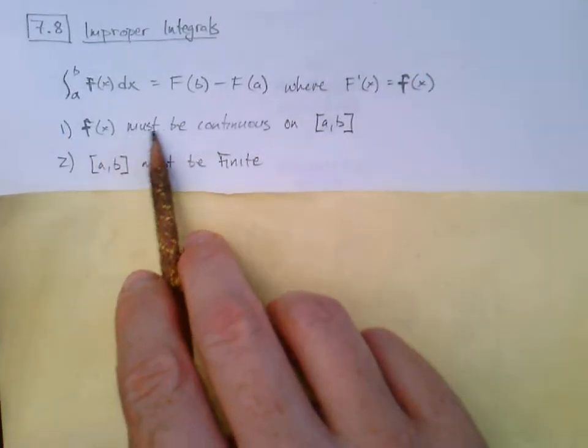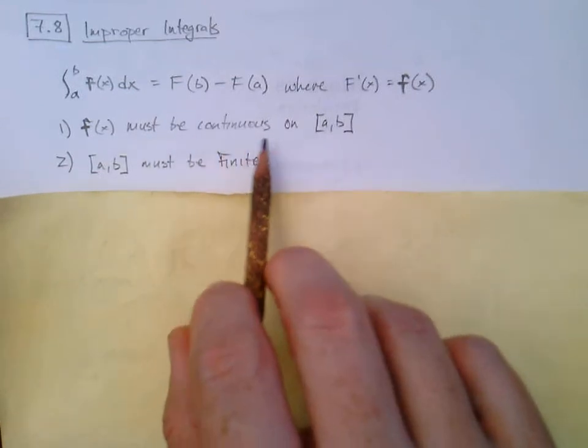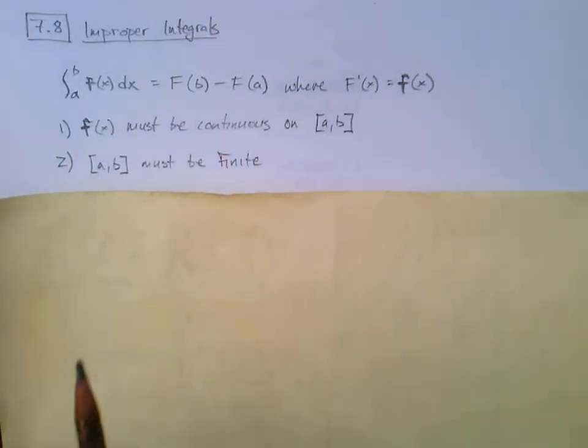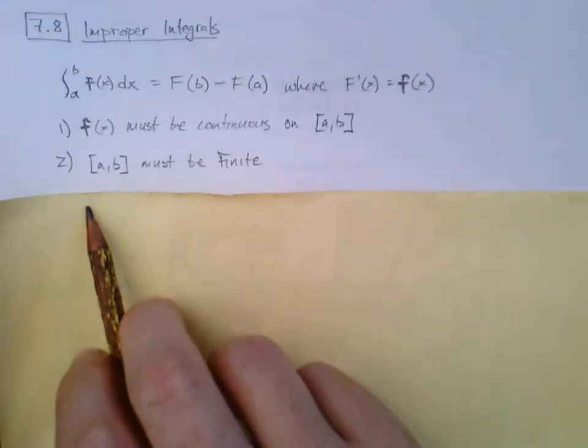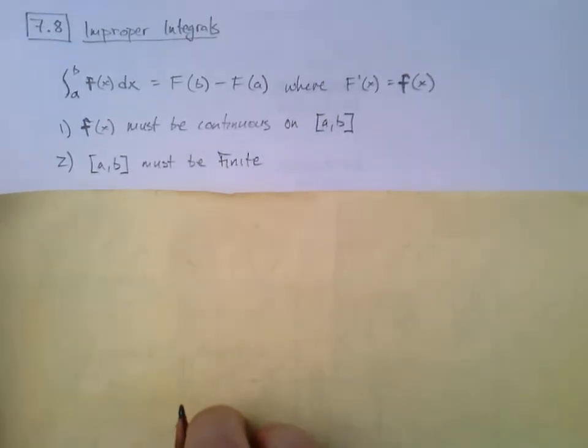It's pretty common for this to be stated, although sometimes it's omitted because it's assumed. The second one is typically not mentioned, but it's implied, and it's been the case in every example we've ever done, that the interval from a to b is finite. Now, if either 1 or 2 is violated, this will be an improper integral.